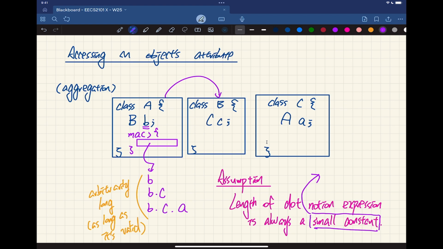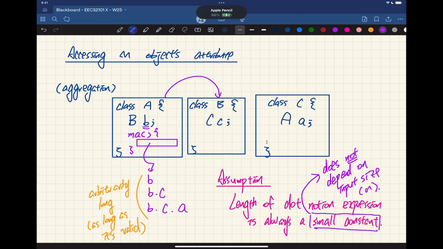But it's never the case. So that's why we're making that assumption. Small constant means it does not depend on the input size, typically just n, for example an array. That's important for you to know.